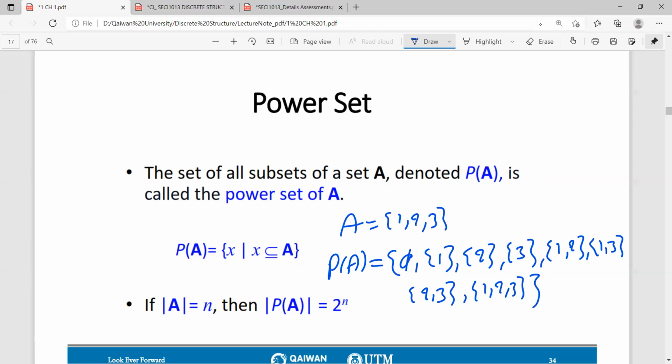This is the power set of A. We take all the subsets of the given set, which is the power of the set.